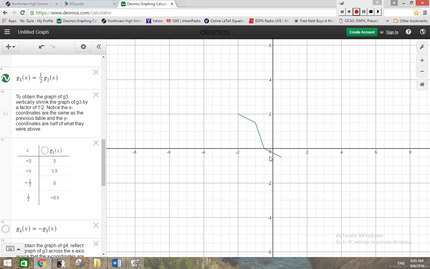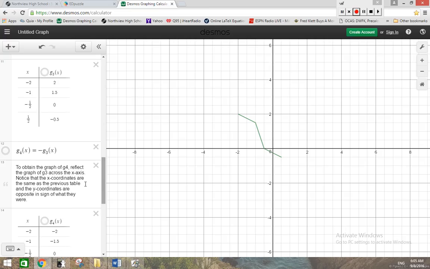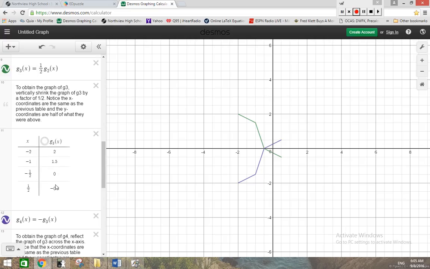that resulted from the previous graph of vertical shrink by a factor of 1/2, and now I'm going to reflect this across the x-axis. So this negative sign, what was up is now down, and you can see that the part that was above the x-axis is now below the x-axis.